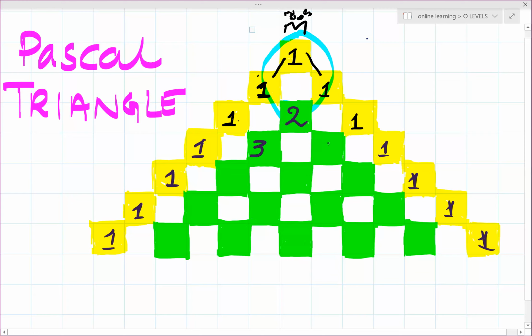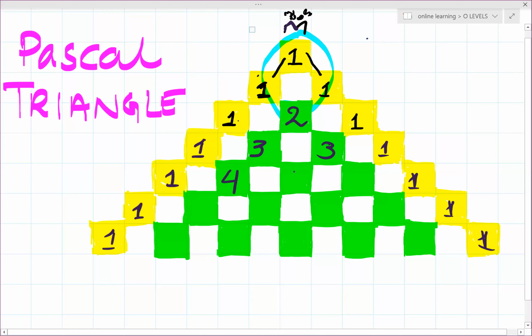To reach this step, Mr. M has 3 ways: 2 plus 1 is equal to 3. To reach this level, there is a combination of 3 plus 1, 4 ways, 4 different routes he can take.